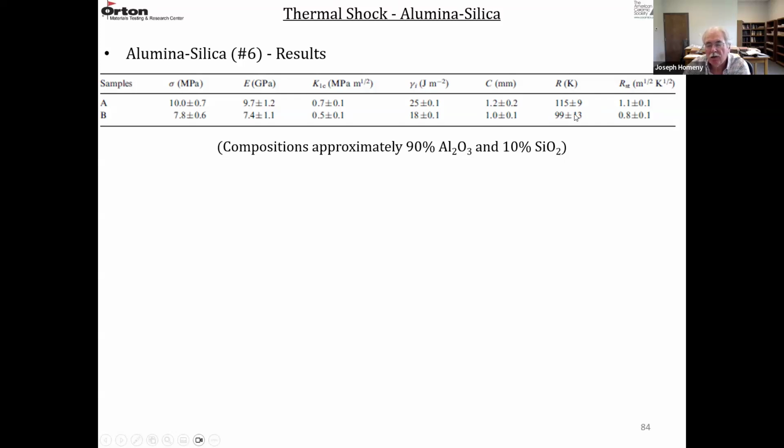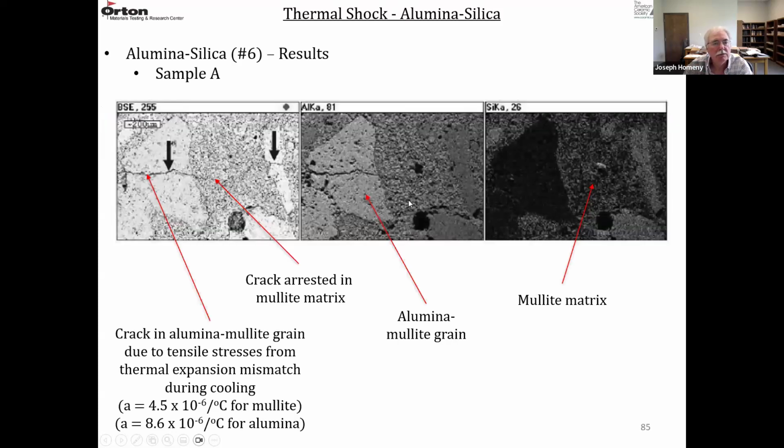You have to add 273 degrees to this to get degrees C. Then RST was calculated in square root of meters, square root of temperature, 1.1 and 0.8. So not really great differences. All of these materials were approximately 90% alumina, 10% silica. The silica reacted with the alumina to form mullite.